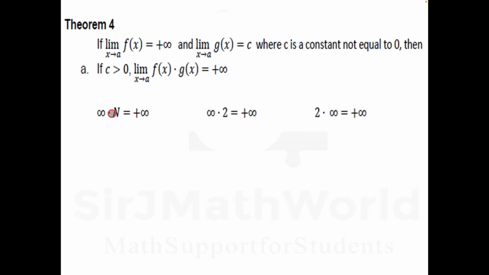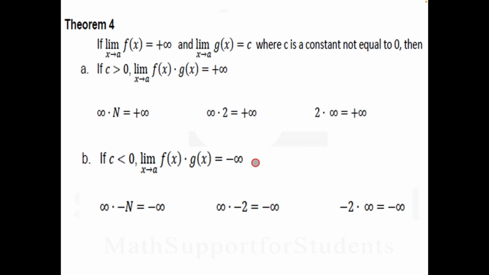So, this is the f of x natin is positive, and the g of x is c, or n. So, positive infinity times n is positive infinity. Example, positive infinity times 2 is positive infinity. 2 times positive infinity is equal to positive infinity.